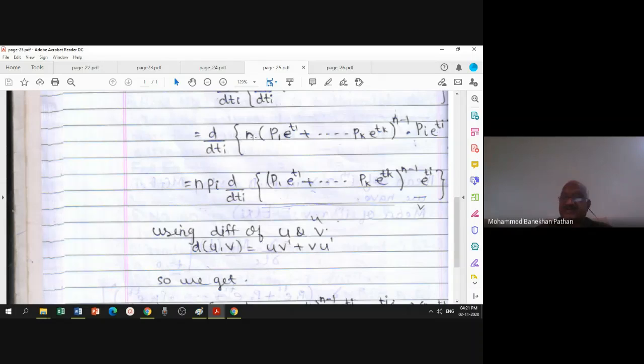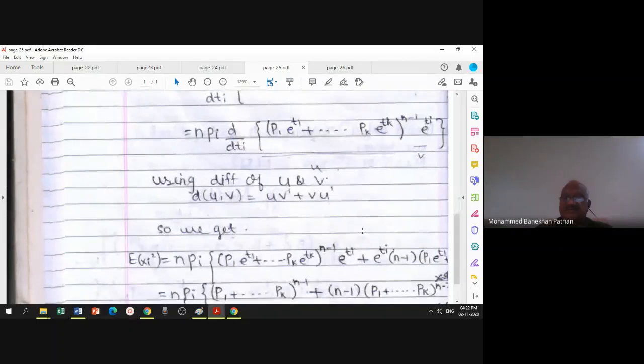This n and this pi are constants with respect to ti, so I put n and pi outside. d by dti of this bracket multiplied by this quantity. So I call this v and this entire bracket u.